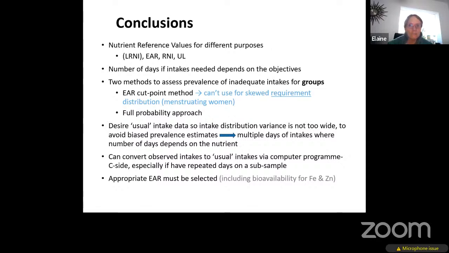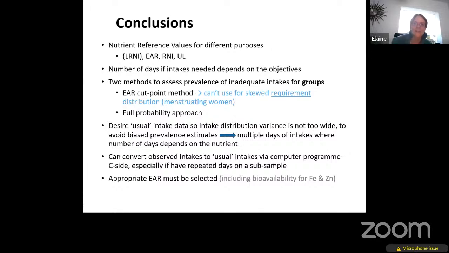That's the EAR cut point method, and that's a much quicker method and can be used if the requirement distribution is normally distributed, but not if it's skewed. And so iron for menstruating women or young children, you have to use the full probability approach. The desire of usual nutrient intakes depends on, so it's not too wide to avoid biased prevalence estimates. The multiple days of intake for a number of days depends on the number of nutrients.